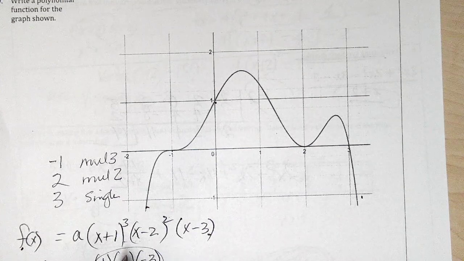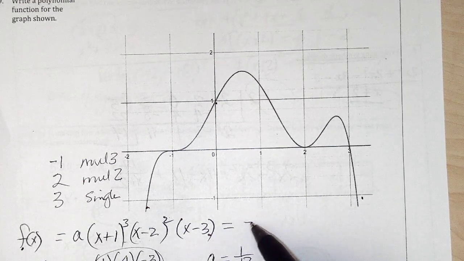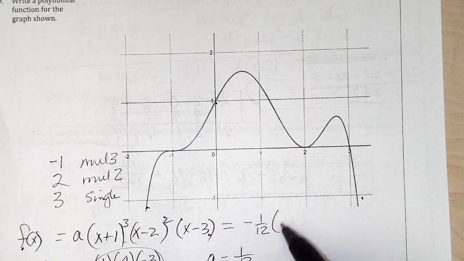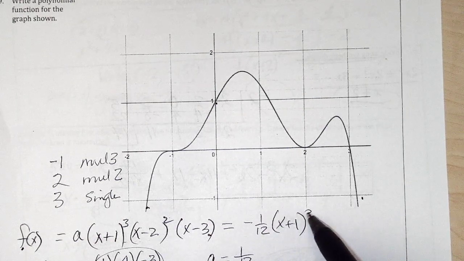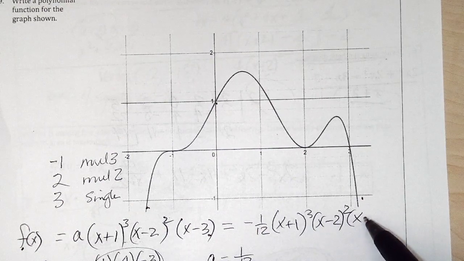So this is negative 12 times a is 1, so I divide by negative 12, and a has to be 1 divided by negative 12, and so my function should be negative 1/12 times x plus 1 cubed, x minus 2 squared, x minus 3.